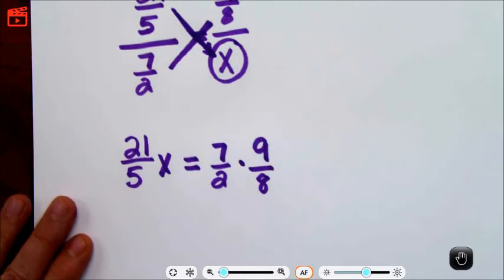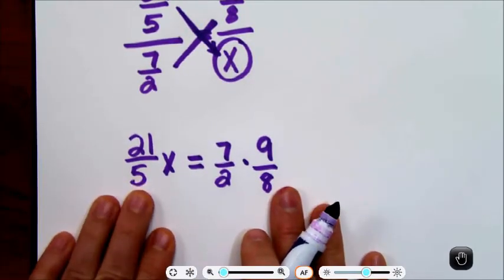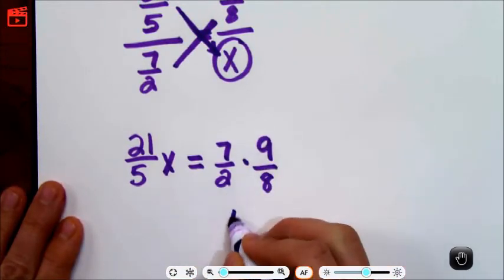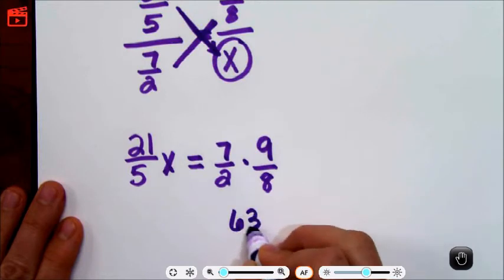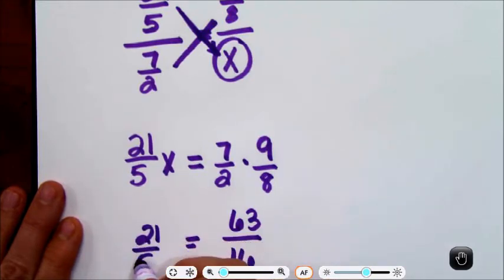First thing we're going to do once we get to this step is multiply. We can't do anything with this number right now until we've multiplied this. So 9 times 7 is 63 over 8 times 2 is 16. So we have 63 over 16 is equal to 21/5 multiplied by x.